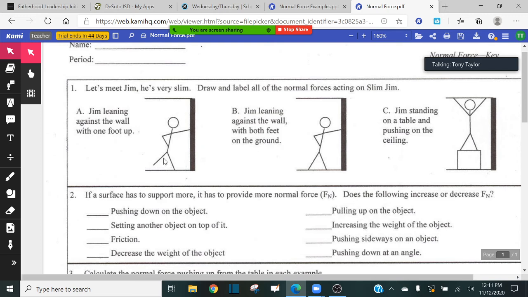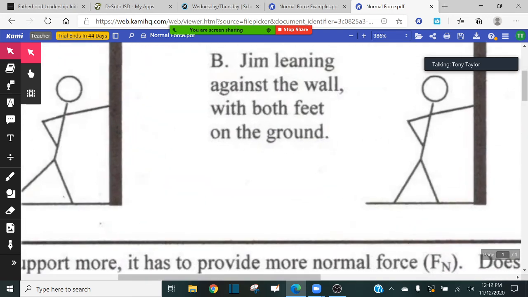If you want to know how many forces to draw, you look for all of your surfaces of contact. Here we have two surfaces of contact: he's leaning against the wall, and his foot is touching the floor. So that means we're going to have two normal forces.